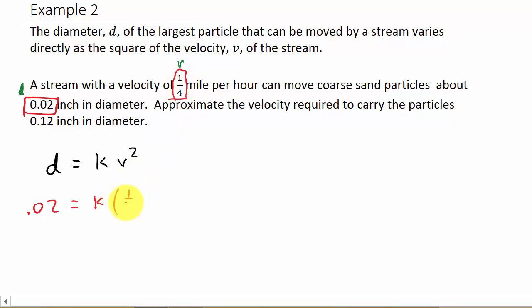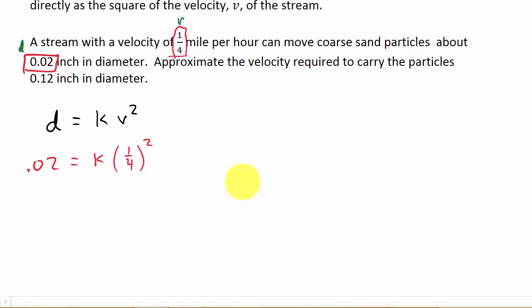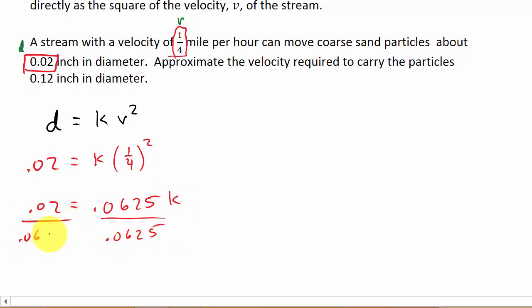We need to solve for K. The 1/4 squared, I'm going to punch into my calculator, and that is 0.0625 K. Then I'll divide by 0.0625, and I get K is equal to 0.32.